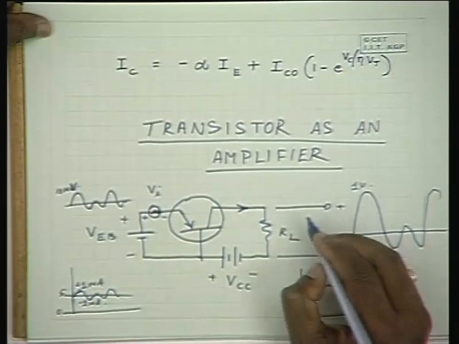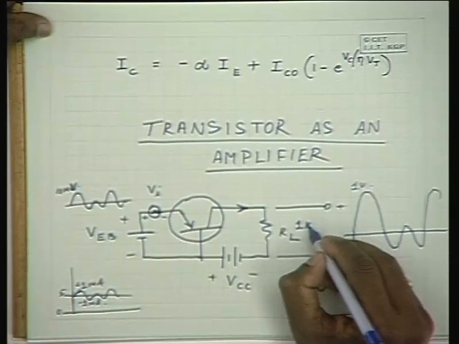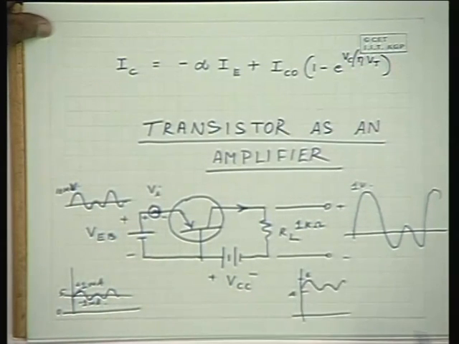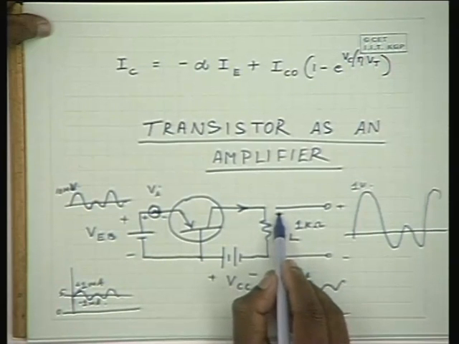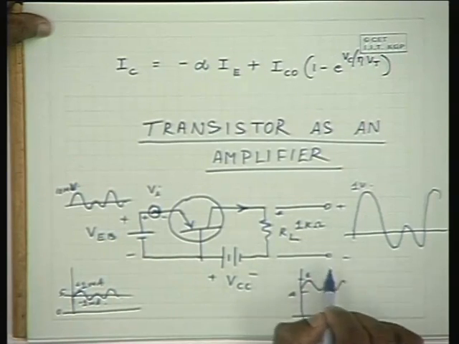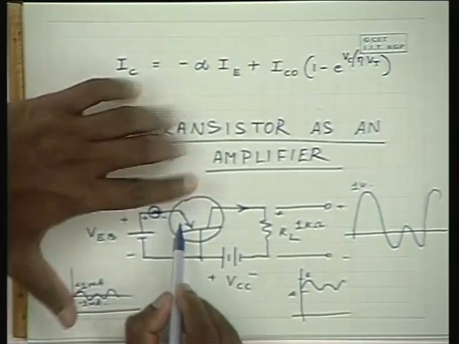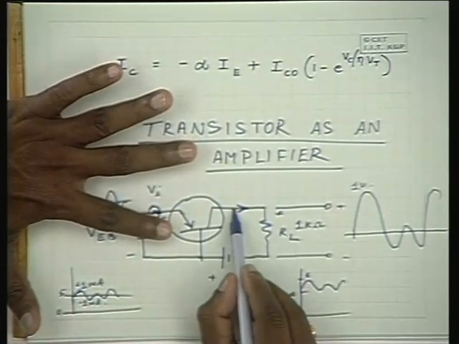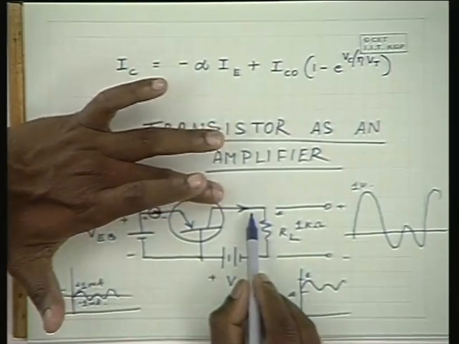Now if this resistance is of the order of 1 kilo ohm, what kind of voltage do you expect at the output over here? When this alternating signal is not present, we expect 98% of this 5 milliamperes on this side.